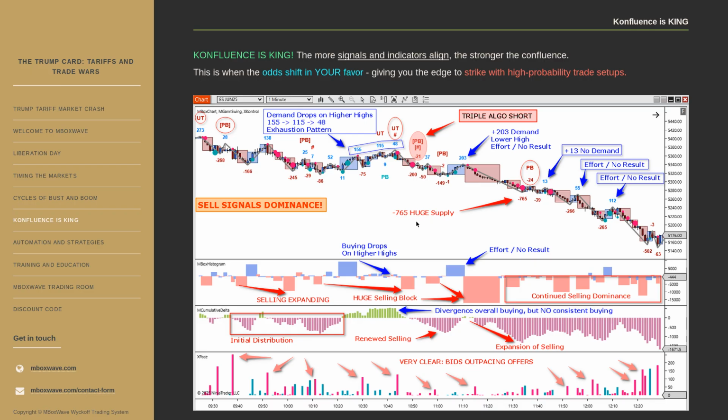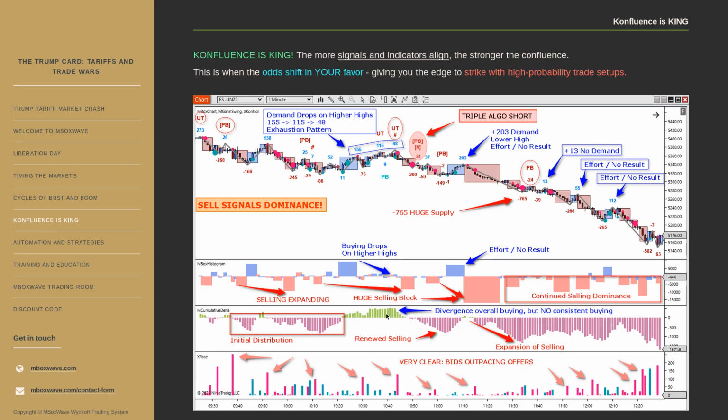Why? Because I'm always looking at what the other side is doing. Action, reaction, right? So we have selling expanding, buying drops on a higher high. We get renewal of selling here at the time the triple algo short is happening. I'll talk about that. We had the initial distribution, and then we had here a divergence of overall buying but no consistent buying.